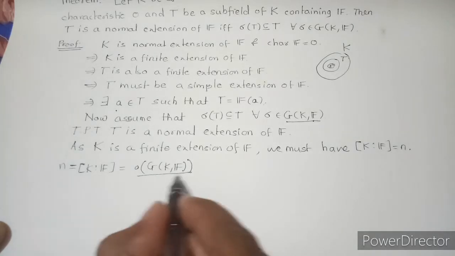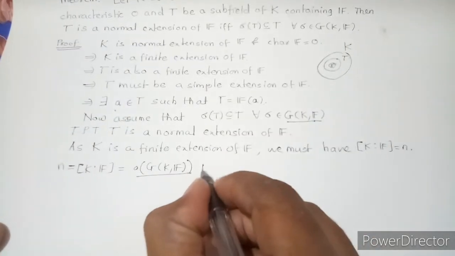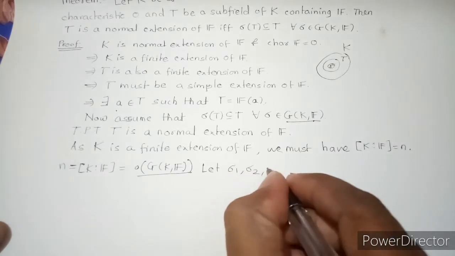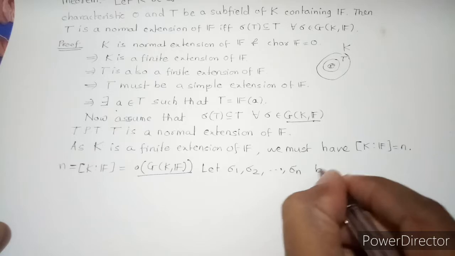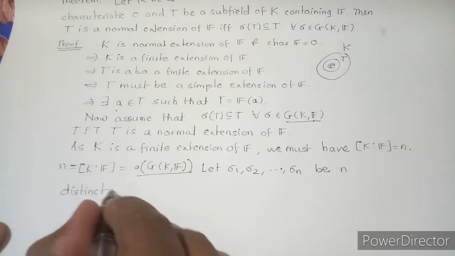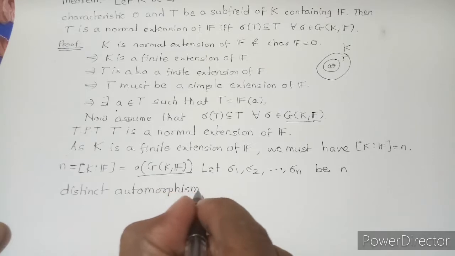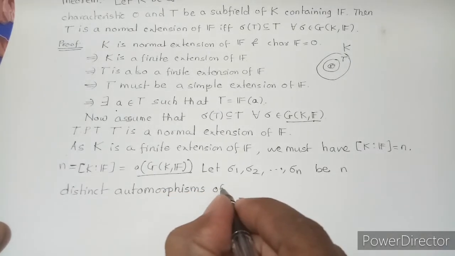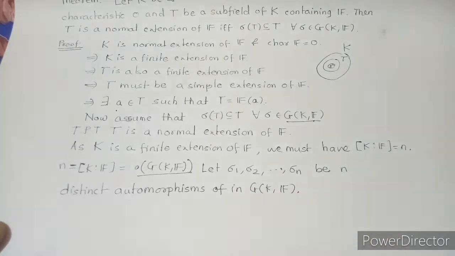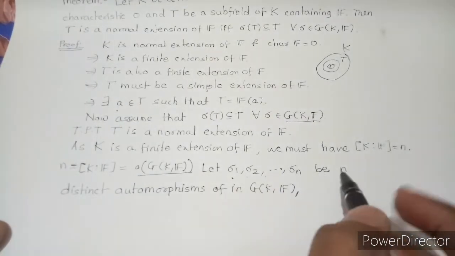It means order of GKF must be n, meaning GKF must contain n distinct automorphisms. So let those automorphisms be sigma 1, sigma 2, up to sigma n, n distinct automorphisms in GKF, and as it is a group, one of them has to be an identity element.